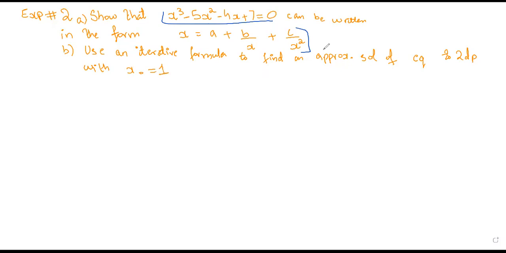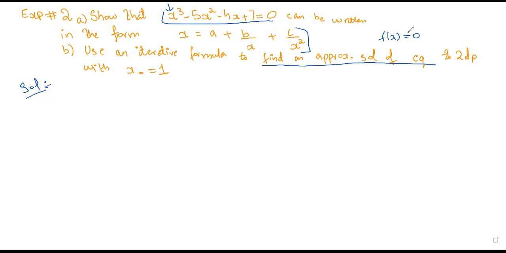Okay, let's do the second part. But before doing it, we need to understand the question. So you need to find an approximate solution of the equation. I have told you that solution basically is to find the value of x, right? Whenever you have f of x equals 0 and you have been asked to find the solution, you basically have to find the value of x, and that value is basically the root.